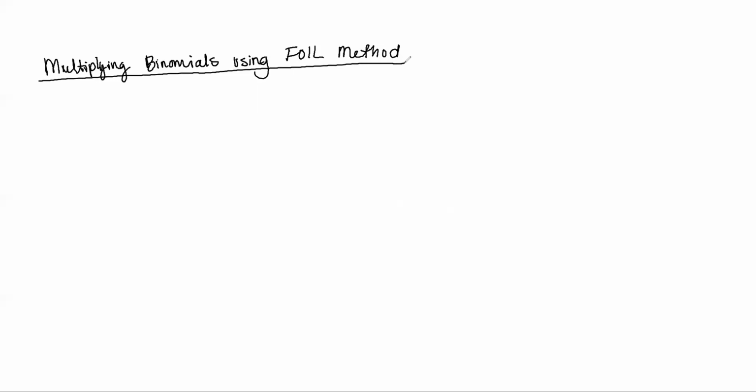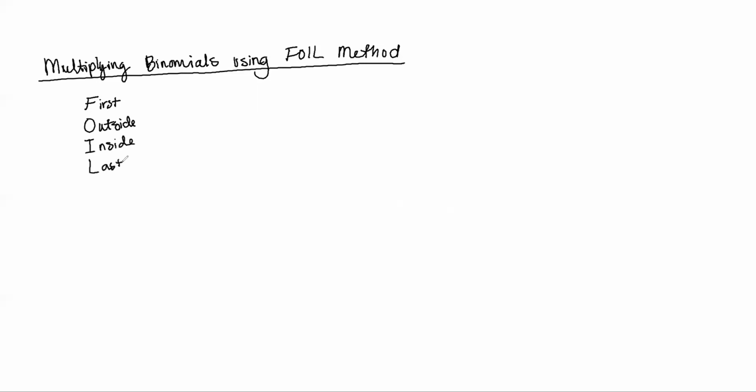So the FOIL method stands for first. The O stands for outside or outer. I usually put outside. The I stands for inside or inner. And the L stands for last.